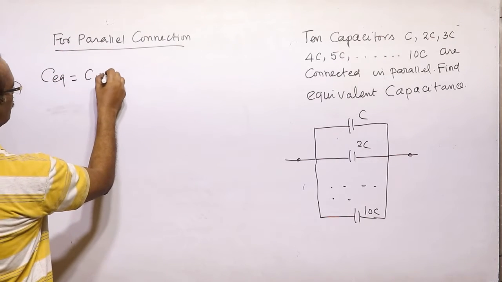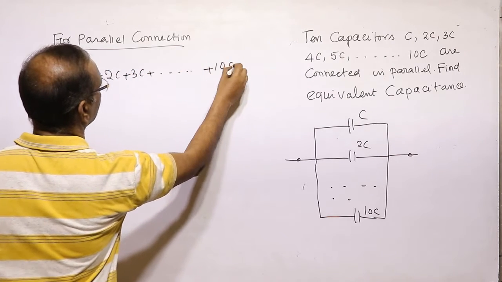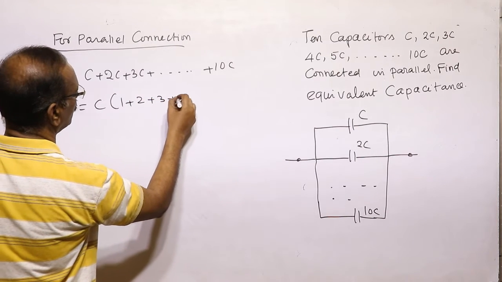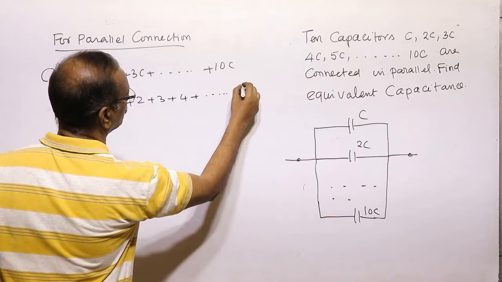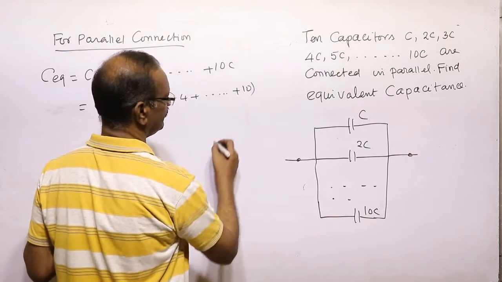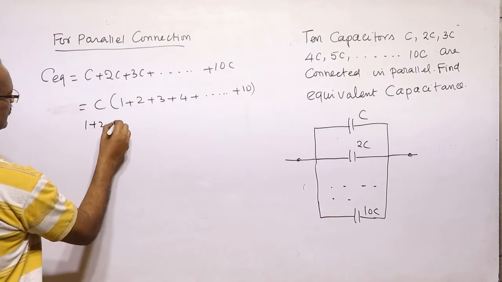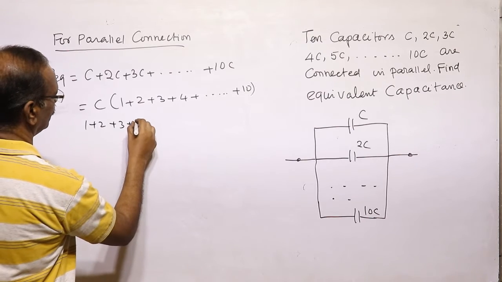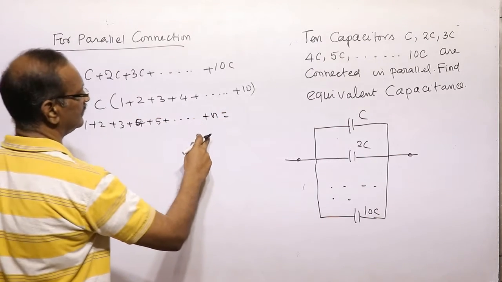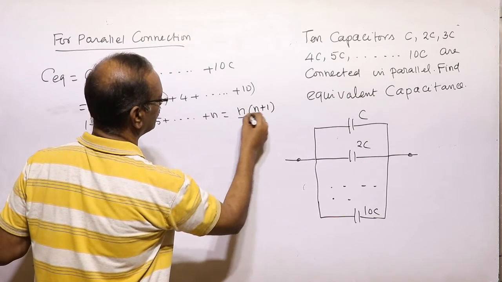That is C plus 2C plus 3C up to 10C, which is equal to C into 1 plus 2 plus 3 plus 4 plus up to 10. In mathematics, we must have studied simple series. If there are n terms, 1 plus 2 plus 3 plus 4 plus 5 up to n terms, where n is the last term, then the sum is equal to the last term into the last term plus 1, divided by 2.